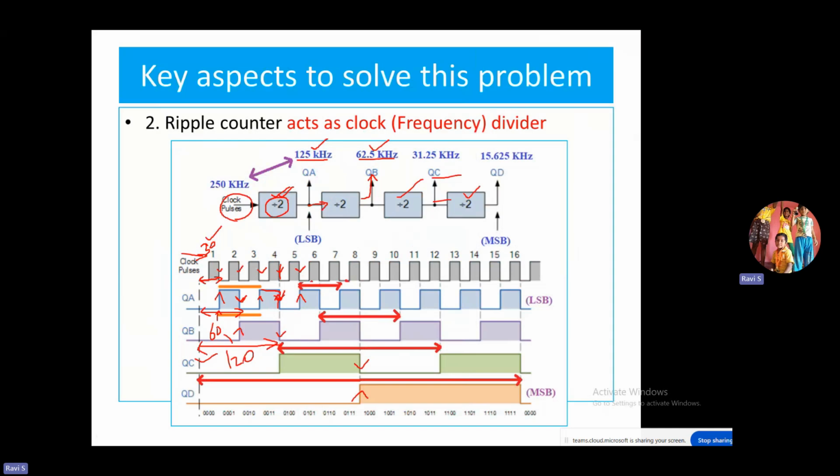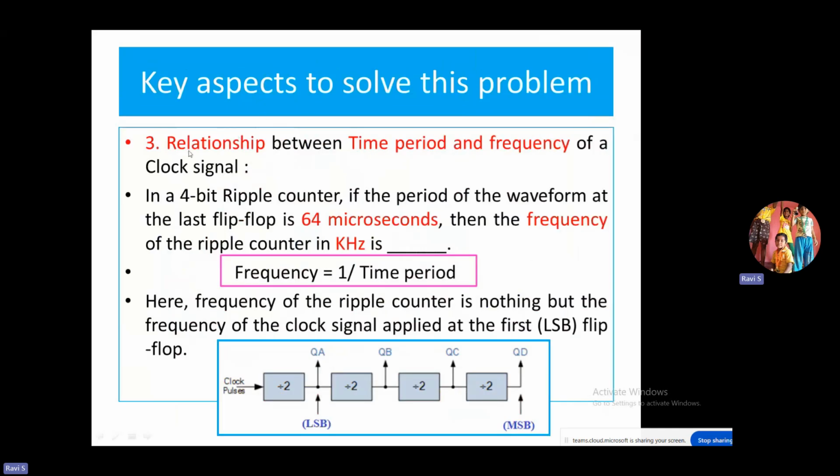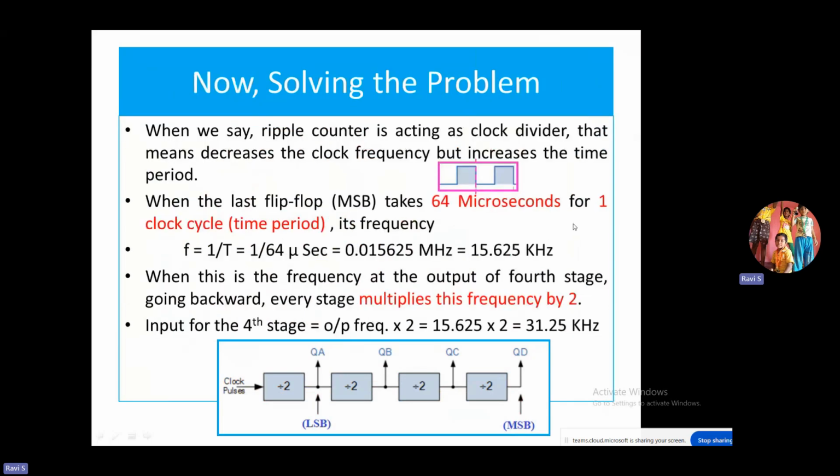So at every successive stage, the time period gets doubled. Because the time period gets doubled, the frequency gets halved. So what I would like to convey is that every stage divides the clock input frequency by 2, which means the time period is multiplied by 2. Now the same thing in the form of a relationship: frequency is 1 by time period. Now let us apply these fundamental concepts to the given problem.